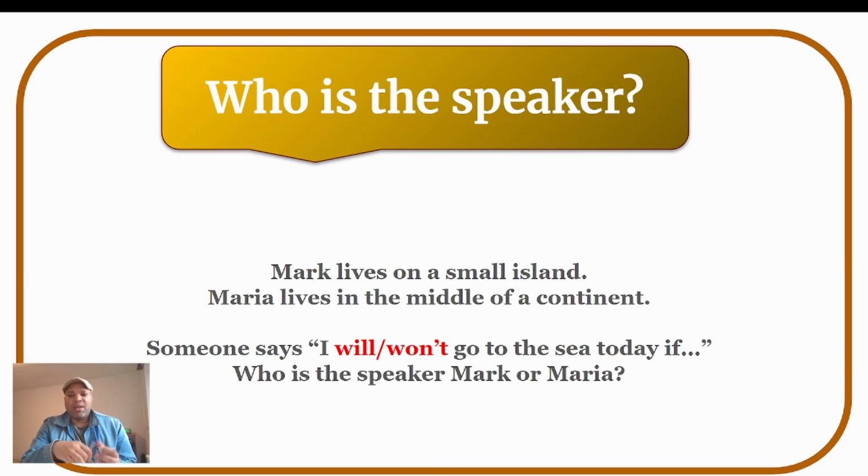Someone says, I will or won't go to the sea today if. Who is the speaker, Mark or Maria? Because the speaker uses will or won't in the main clause, we know that this is possible for the speaker. So the question is, who can go to the beach, or rather the sea, here? Is it Mark or Maria?